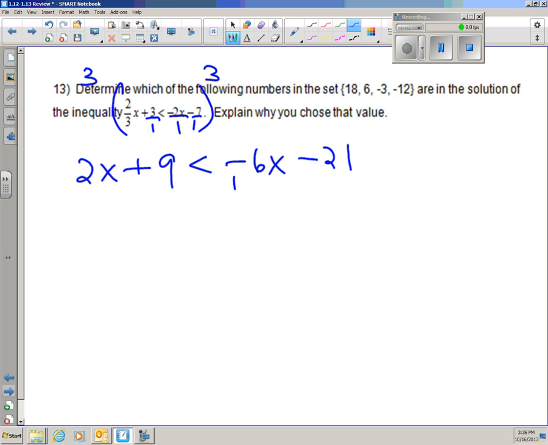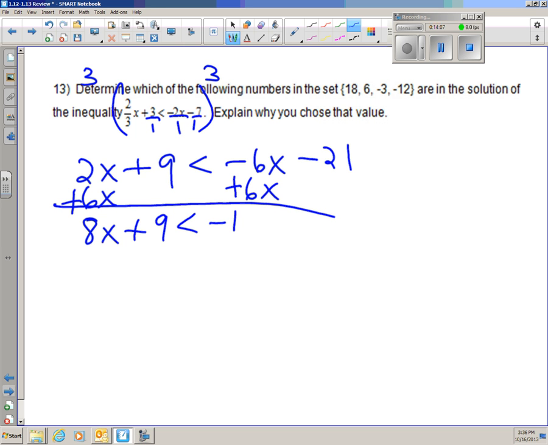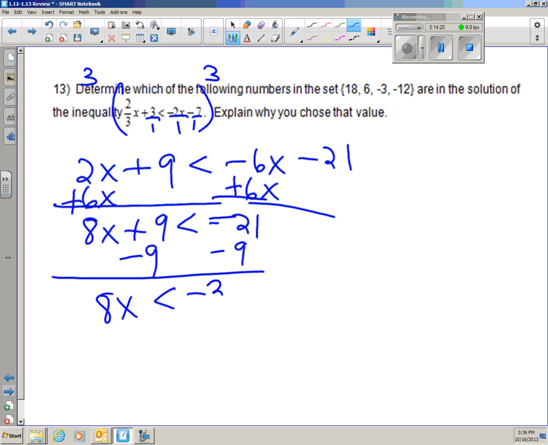If I decide to bring all the variables to the left, I get 8x plus 9 less than negative 21. Then I subtract 9 from both sides, and I get 8x is less than negative 30.